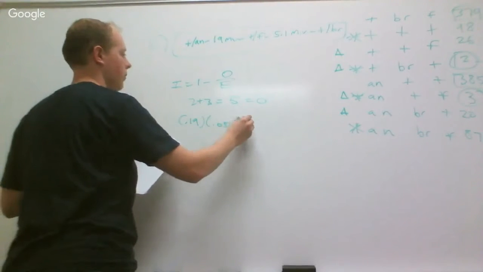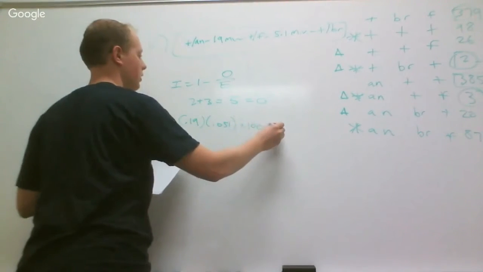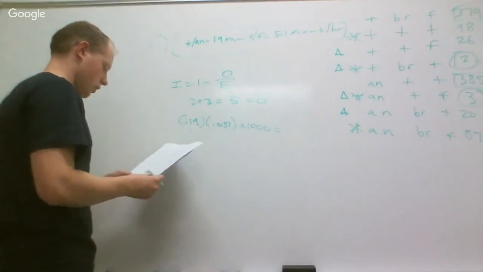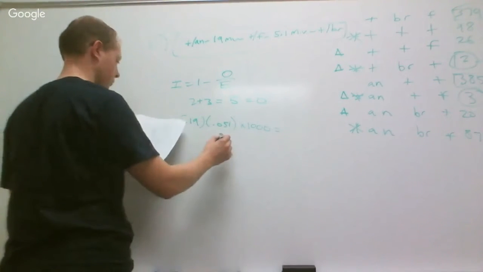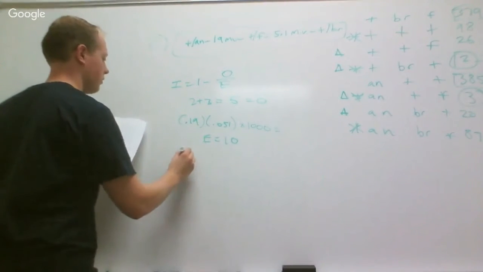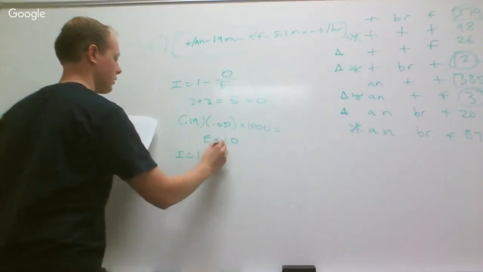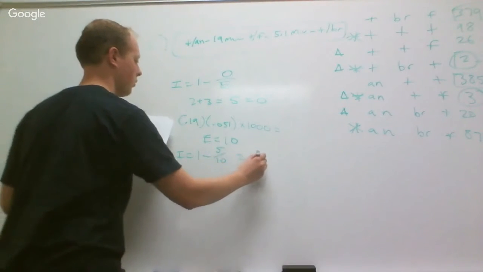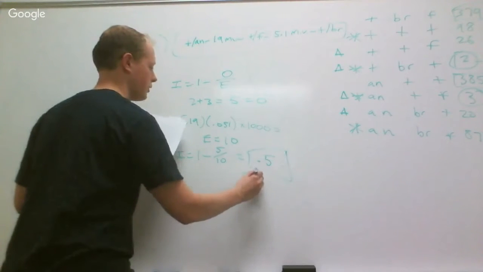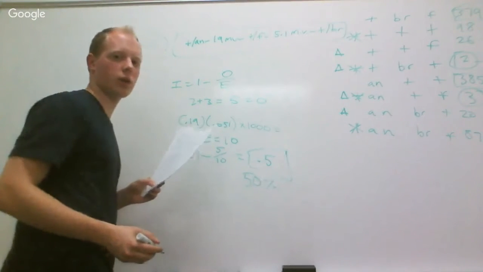We'll multiply that by the total number of offspring to find our expected value, which is approximately 10 in this case. The interference will be 1 minus 5 over 10, which equals 0.5, or 50% of the double crossovers were interfered with.